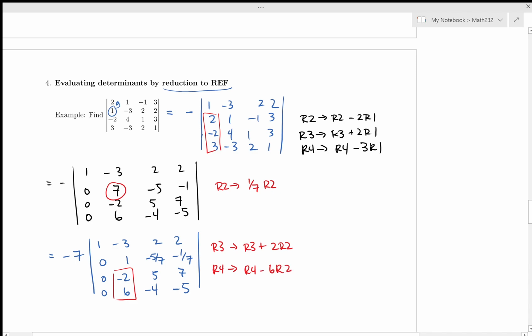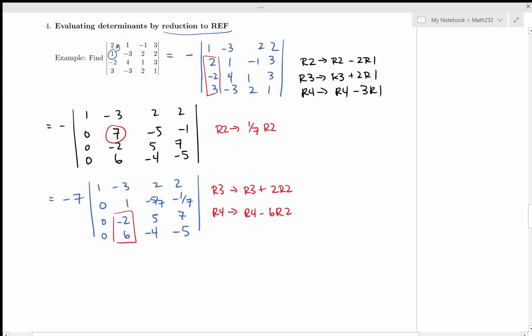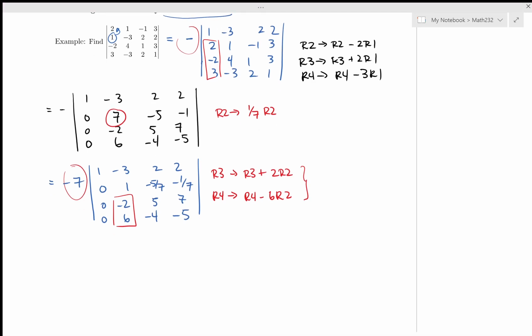There's no change in the determinant when I do this, so I don't have to take account of that. The key thing when you're doing this is, I had to introduce this minus sign there, and I had to introduce this 7 here. You mustn't lose those things, otherwise the answer will be incorrect. So these two operations, though, do not change the determinant.